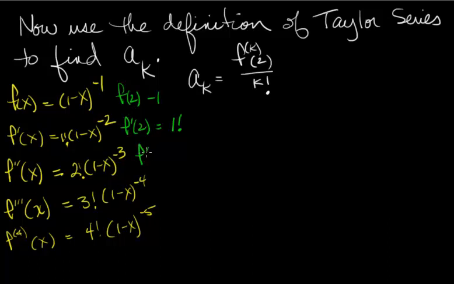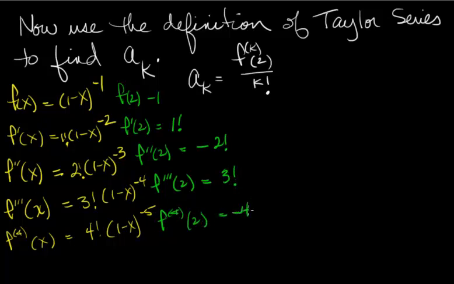And f double prime of 2, we will get minus 2 factorial. F triple prime of 2, we're going to get 3 factorial. And the fourth derivative at 2, we get minus 4 factorial. And that was when n was equal to, we need to keep track of our value of n equals 0, n equals 1, n equals 2, n equals 3, n equals 4.